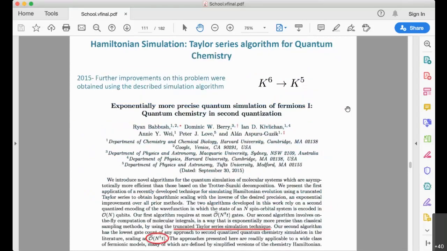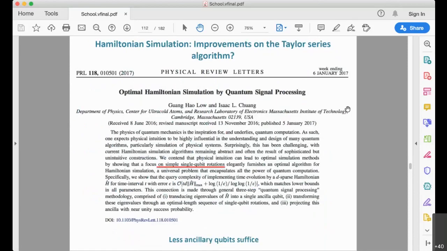People have looked at implementations for quantum chemistry, and have been able to reduce costs even more, not only improving precision but also complexity as a function of the number of terms in the Hamiltonian. This is another natural stopping point, because I want to devote the next 10 minutes to going quickly through the last approach that I mentioned, which is quantum signal processing.